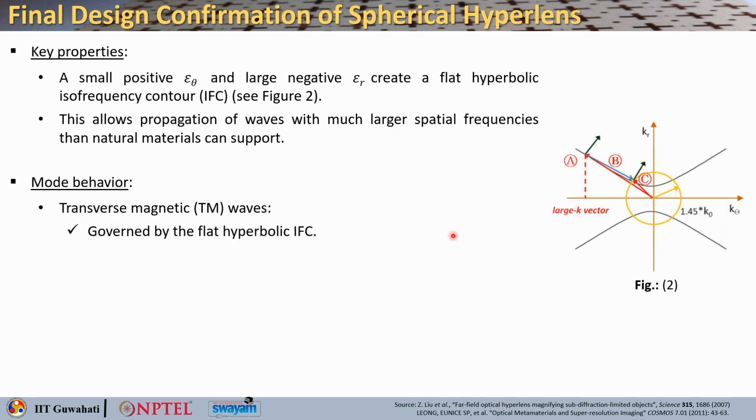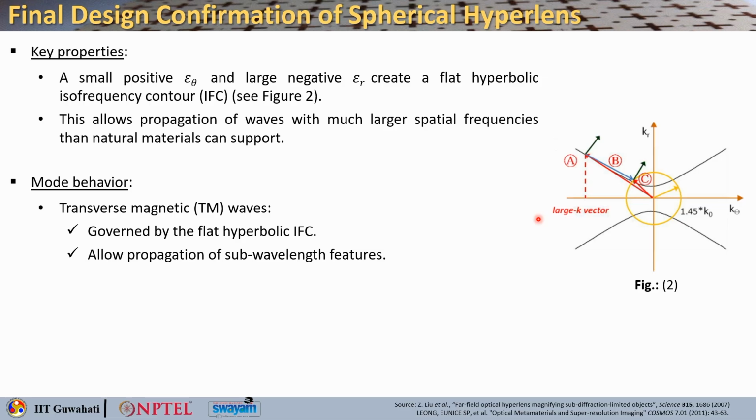So, if you talk in terms of the mode behavior, you will see that the transverse magnetic or TM waves are basically governed by these flat hyperbolic isofrequency contours, and they allow propagation of sub-wavelength features. So, this is the trick here.